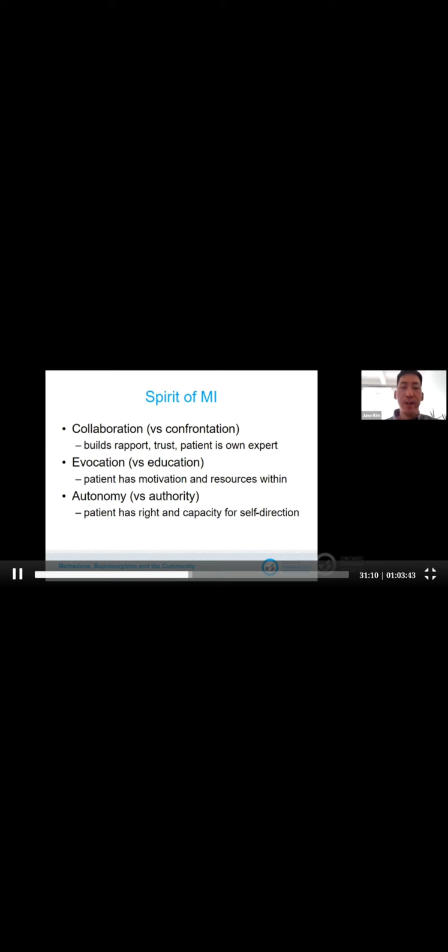So again, you are working with the patient, and the patient has the autonomy to make their own decisions. So even if the patient sometimes may make a decision that you don't necessarily agree with, you are still working with the patient and guiding them.